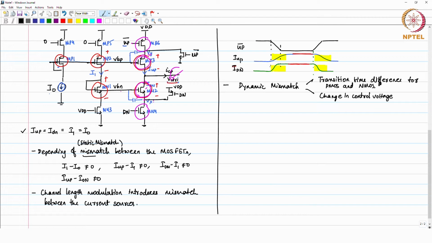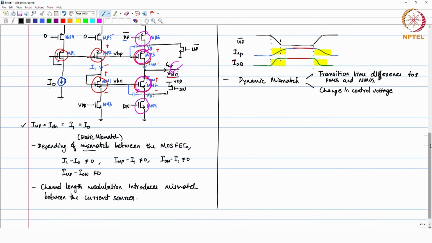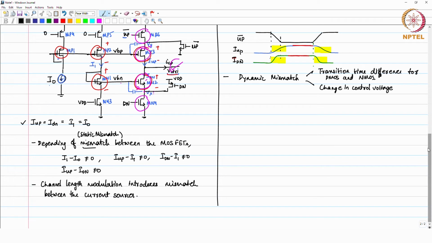So, there are multiple reasons for which you may see a mismatch between the up and down current sources, from the external current source which you are using for biasing the charge pump, and this mismatch creates additional voltage ripples on the control voltage, which in turn creates the reference spur. So, let us understand how these kinds of ripples are created and what is going to happen in the PLL.